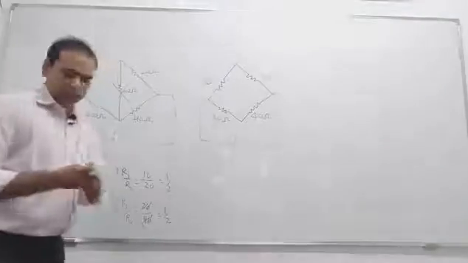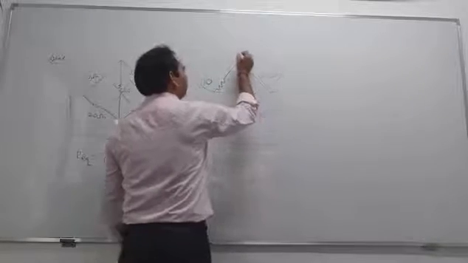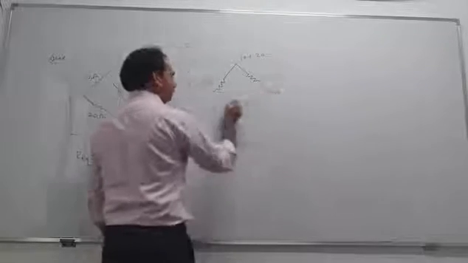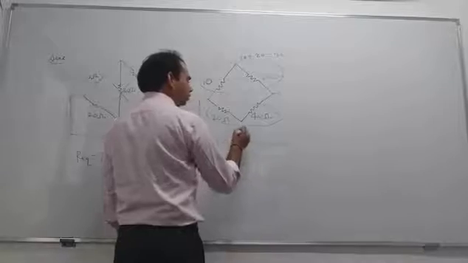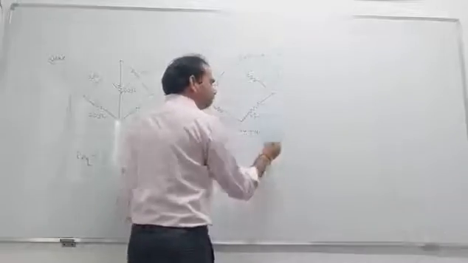Again these two are in series, so the equivalent is 10 plus 20 is 30, and these two are in series, so this is 20 plus 40, equal to 60 ohm.